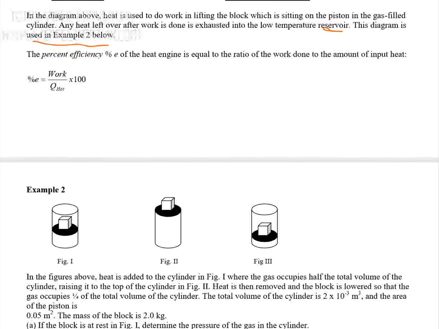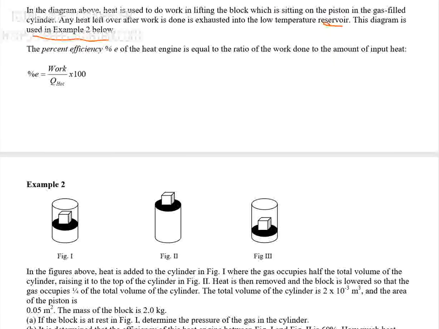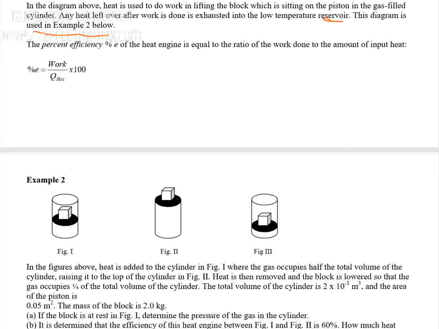For the example below, the percent efficiency of the heat engine is equal to the ratio of the work done to the amount of heat added, as we saw before in the basic pointers. Therefore, efficiency in percent is equal to work divided by the heat energy added to the system, multiplied by 100%.